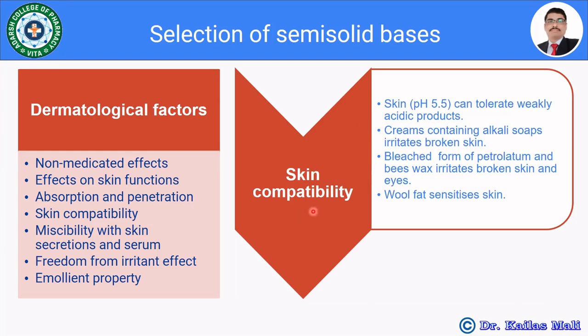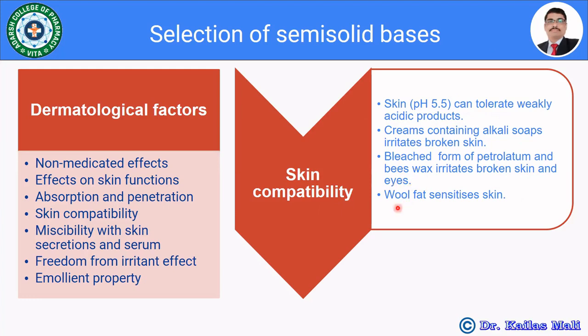Then skin compatibility. As already discussed, the skin has a pH of 5.5 and can tolerate weakly acidic products. Creams containing alkali soaps, like sodium hydroxide or sodium or potassium soaps, are going to irritate broken skin, right? The bleached form of petrolatum, that is white petrolatum, and white beeswax irritate broken skin and the eyes.